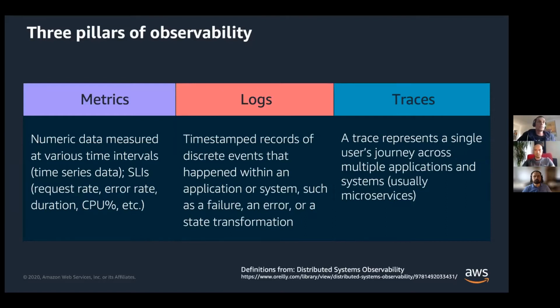Logs are text-based records that are really tied to your code itself, and traces really represent, as it's stated here, the user journey across your system. And so combining all that gives you really a better view of your system health.